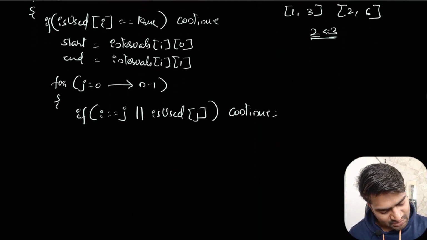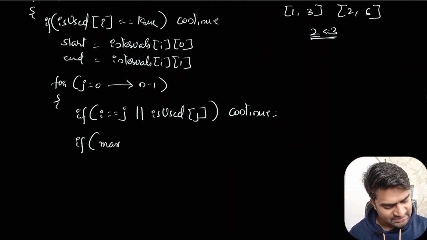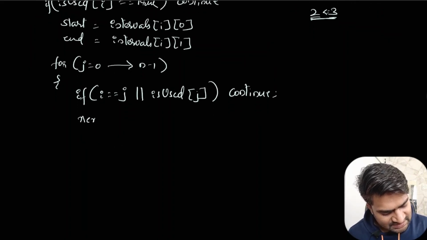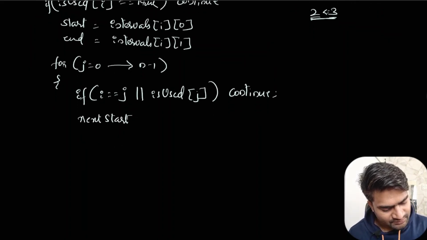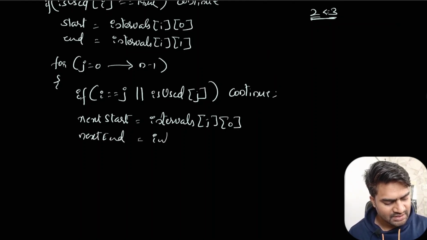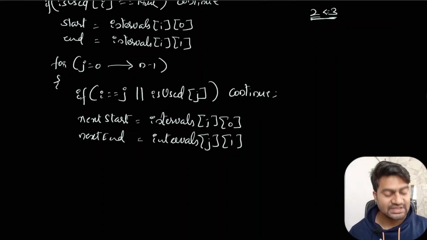So before this, what we need first is the next start, which is intervals of j of 0, then the next end will be intervals of j of 1. So these will give me the next start and the next end value.